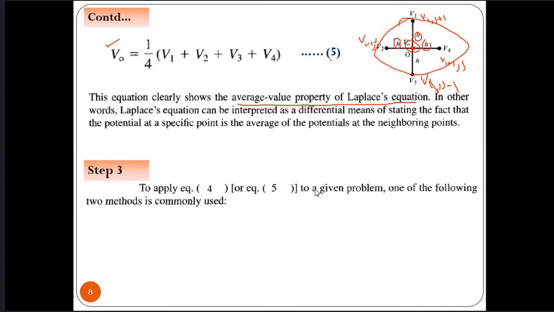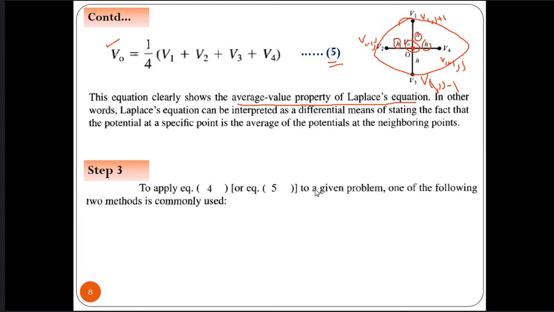So equation number 4 and 5 are only for the center node, or particularly for a single node. Now if you apply the same approximation method for each and every free node, you will get a single algebraic equation for each free node, obviously. So if there are total 5 or 6 free nodes, you will get total 5 or 6 linear algebraic equations.